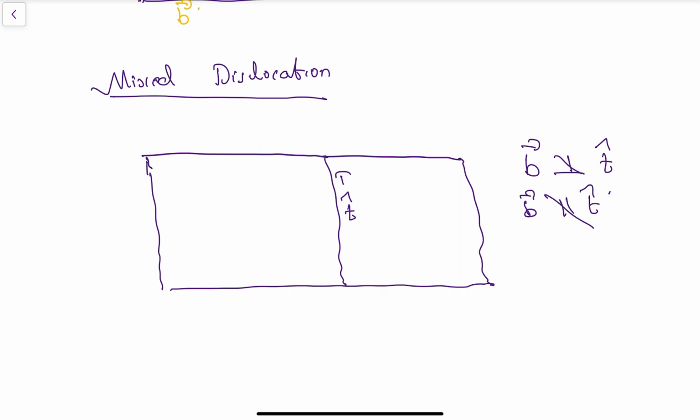So in this case, the Burgers vector will be at an angle.